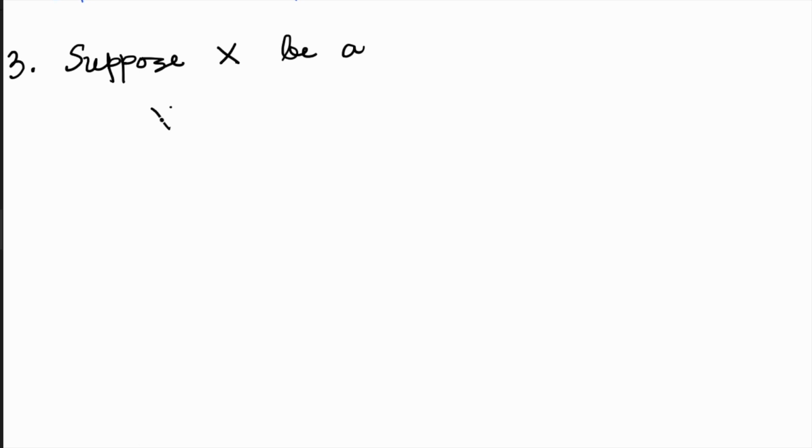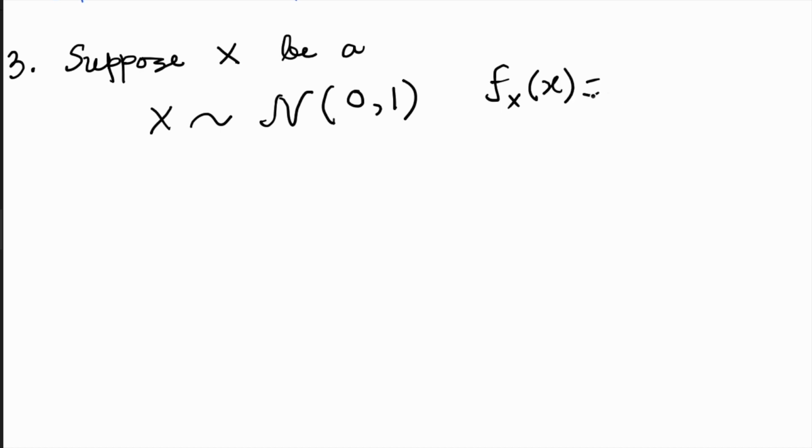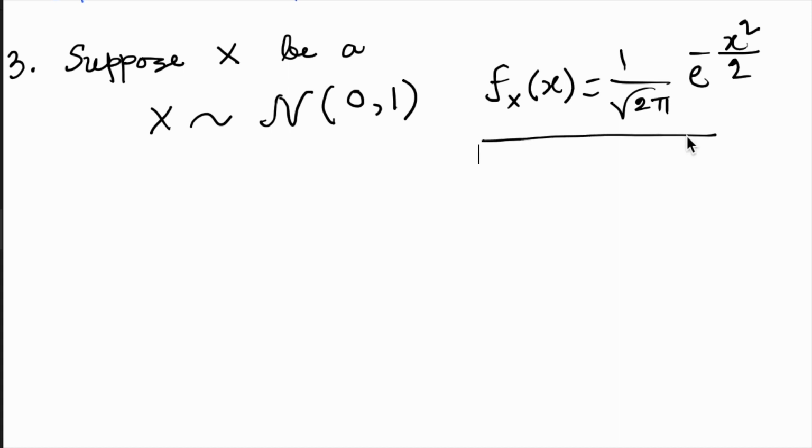So that means x follows normal distribution with mean 0 and standard deviation 1. That means the PDF will be 1 by root 2 pi e to the power minus x square by 2. So this is the PDF.